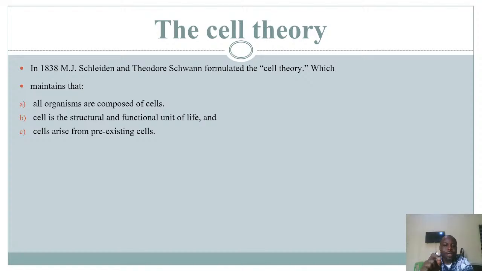They do not just appear out of nowhere, out of what they call spontaneous generation. No, they're saying that all cells come from pre-existing or previously existing what? Cells. So these three statements make up the cell theory. One, that all organisms are composed of cells. Two, that the cell is the structural and the functional unit of life. And then three, that cells arise from pre-existing cells.